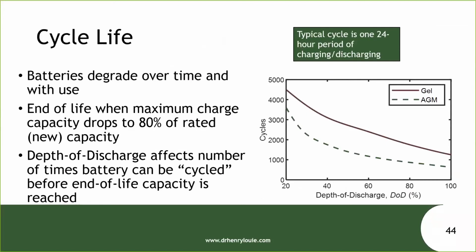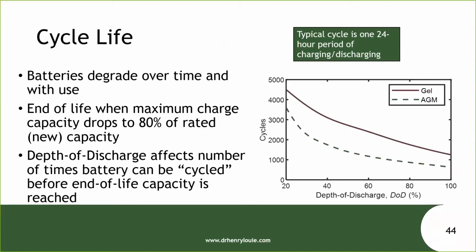So the last thing I'll talk about with batteries is this idea of its cycle life. So again, batteries are often the first component to fail, and we need to have an understanding of how long a battery might last. And the lifespan of a battery is described by its cycle life, where each cycle usually corresponds to one 24-hour period. So in other words, a day.